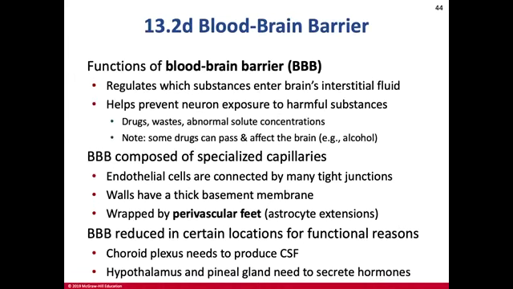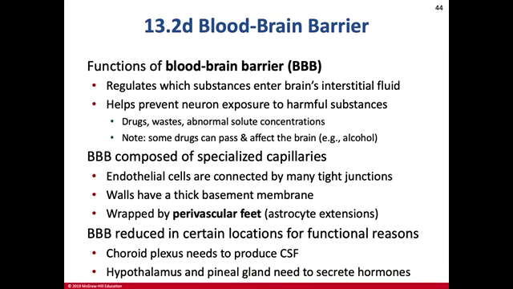The blood-brain barrier is generated again by the astrocytes and the ependymal cells, right? So it regulates the substances that get into the interstitial fluid that bathes the central nervous system, and it protects the neurons from exposure to harmful substances that are water soluble, that are hydrophilic, right? So those could be charged molecules, they could be polar molecules, okay?